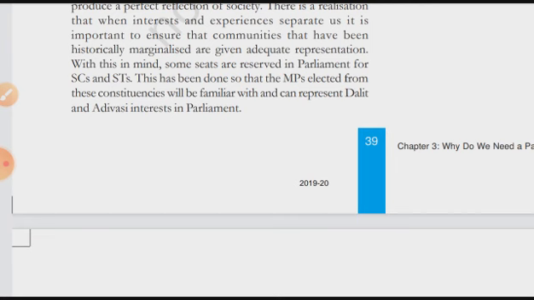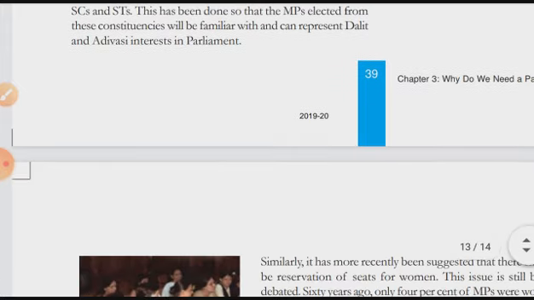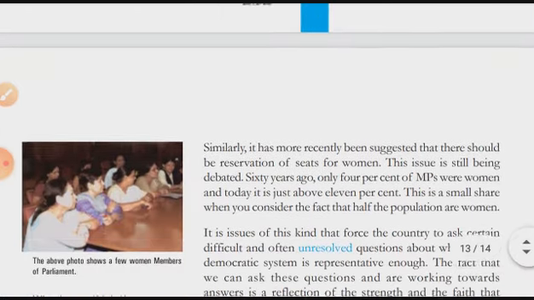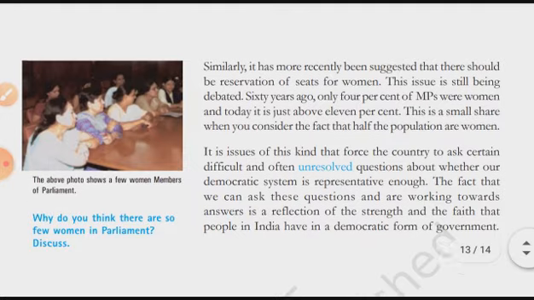So they can represent the lower caste people and the Adivasis, know their interests, and work for their welfare.